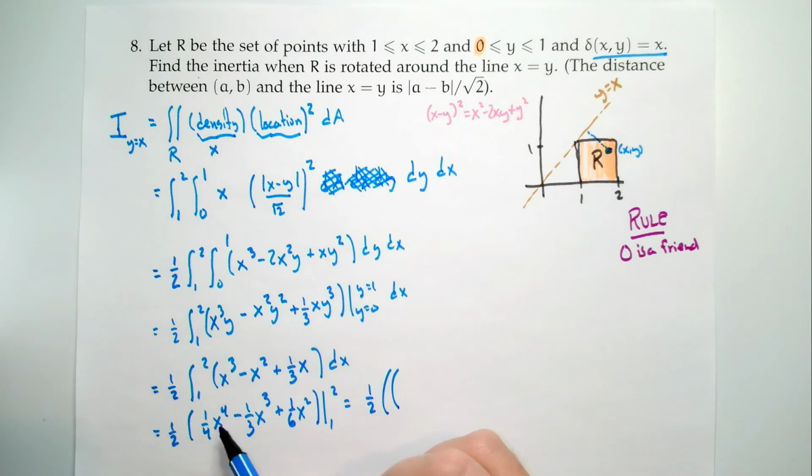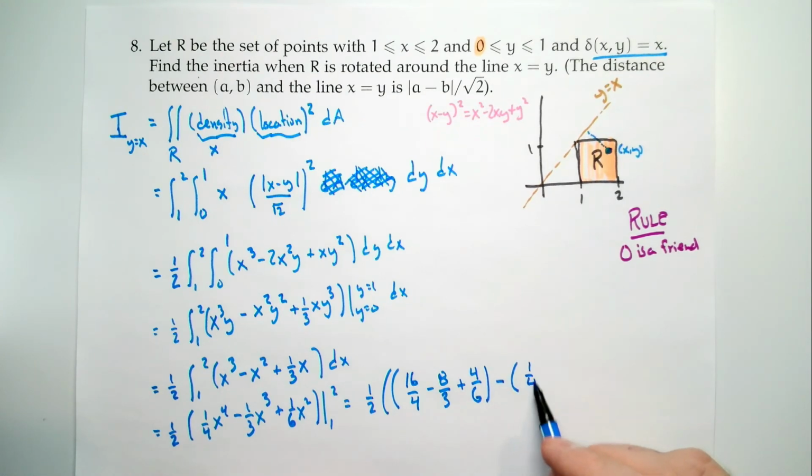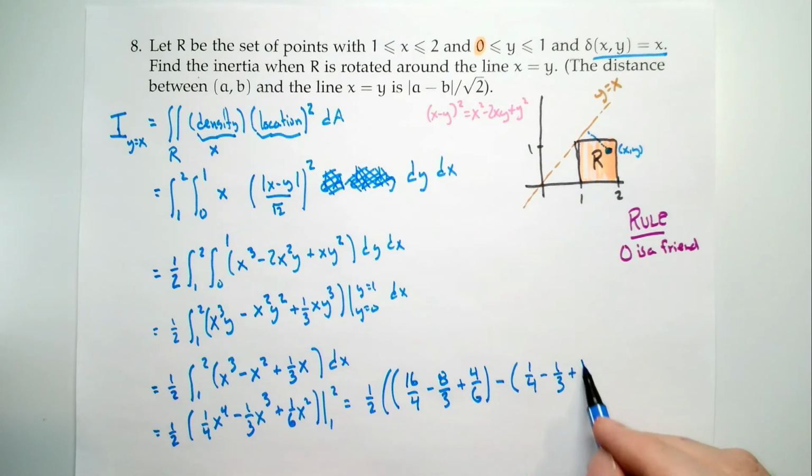So 1/4 times 2 to the 4th, and we'll write that as, say, 16/4. 1/3 times 2 cubed, so minus 8/3. 1/6 times 2 squared plus 4/6. Subtract. We'll get 1/4. Subtract 1/3 plus 1/6.